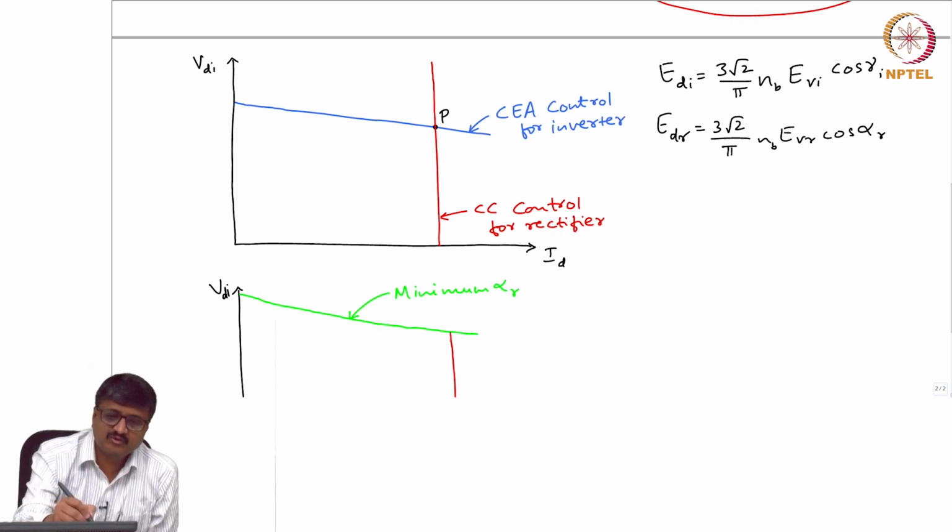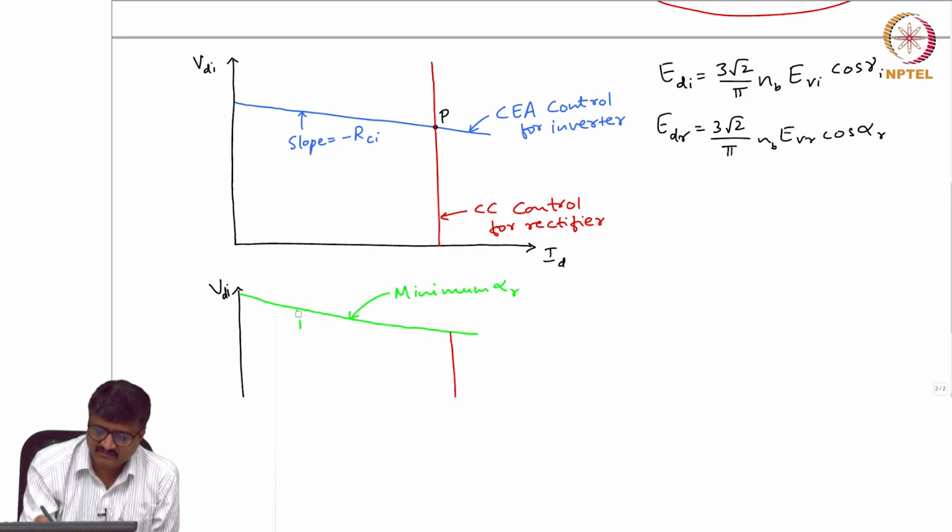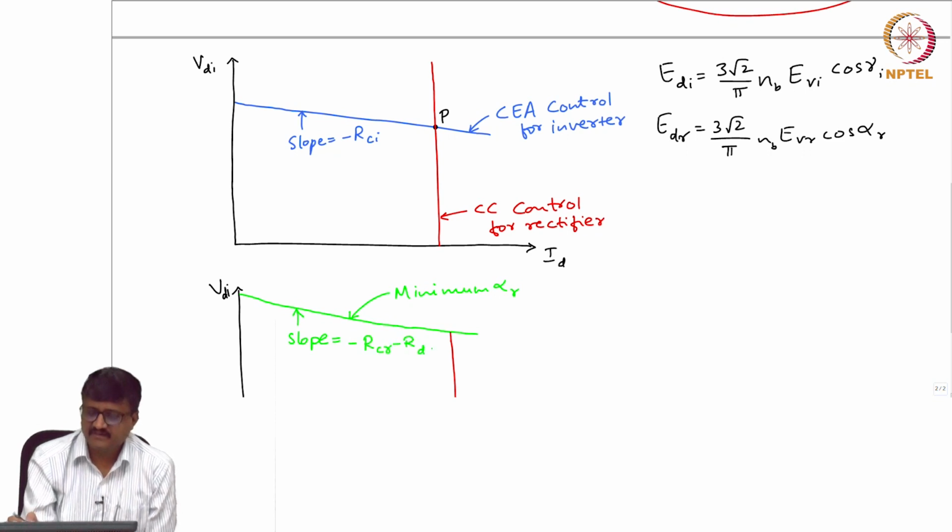Okay, let me go back to this curve. What is the slope of this? Slope is minus RCI. Now, for this case, in the case of minimum alpha r, the slope is equal to minus RCR minus RD.